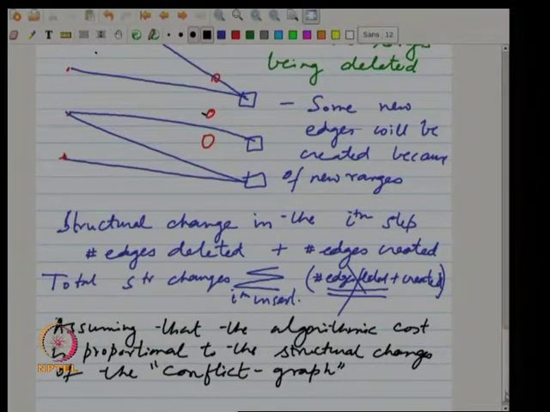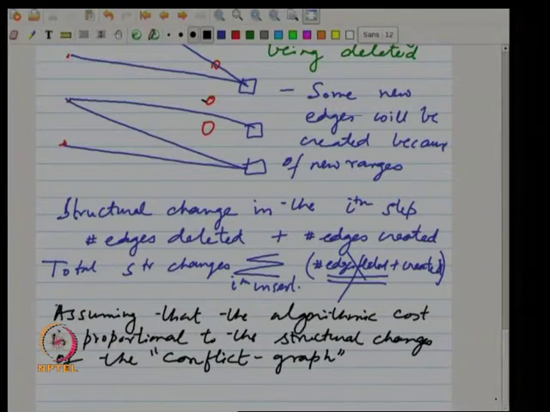Once we assume that there is no additional data structure cost, it is only the changes in the way the elements are associated with the ranges that is the crux of the analysis, that is what determines the total running time.